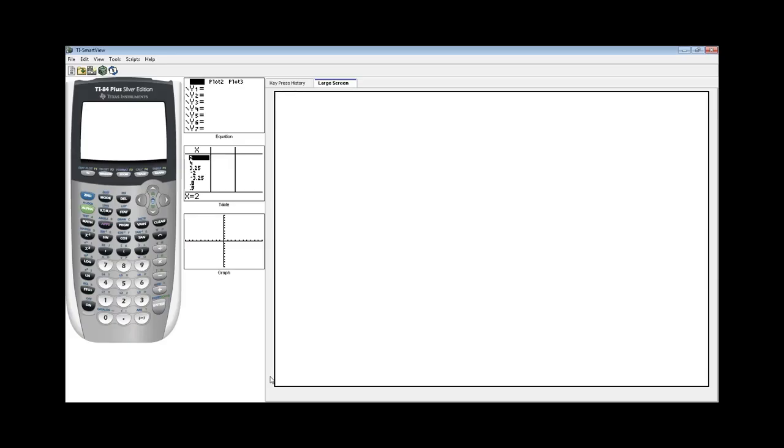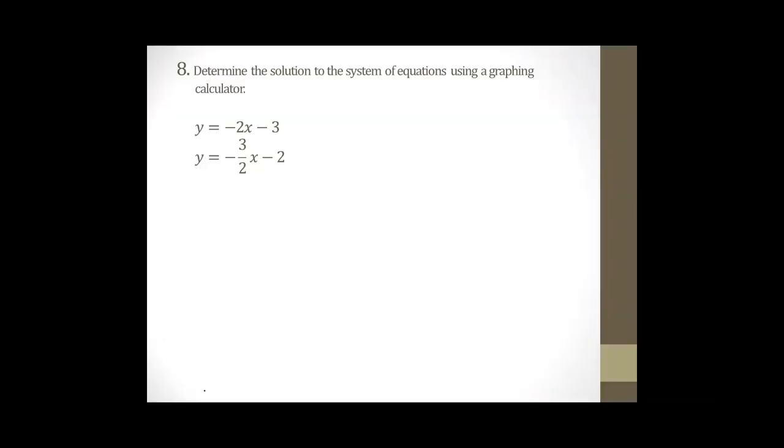Okay, so I've got my graphing calculator, but I need to go get the questions again. Let's go back. Was it just this one? Yeah. Okay, so we had 2x minus y is less than or equal to negative 8. So I'm going to go back to, all right. Oh, number 8.